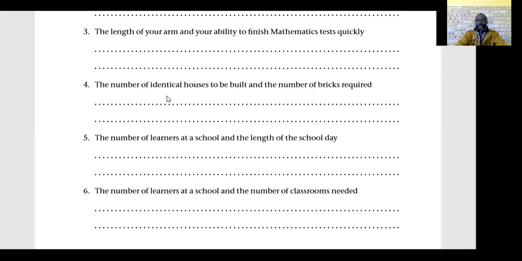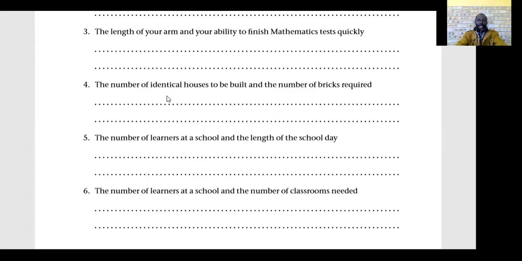We could leave out the word identical, which is just used to mean they look similar. So the question is talking of the number of houses and the number of bricks required.